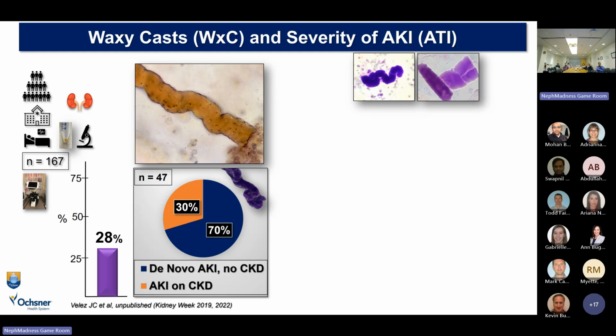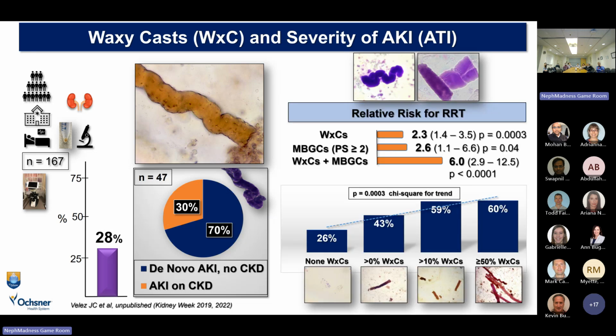And you can see in AKI, as you can see in this image, this cast is pigmented with hemoglobin, and this other cast here on the top is stained with a Sternheimer-Malbin stain. And we went further and tried to see whether this cast may be associated with the severity of the AKI, and here finding the combination of waxy cast and muddy brown granular cast increases the risk for renal replacement therapy within a hospital stay.